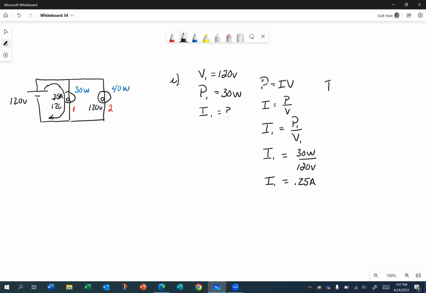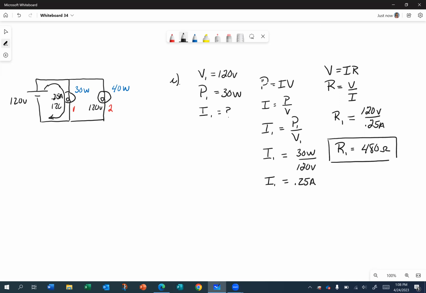So knowing that, then resistance from the equation V equals IR, resistance is equal to voltage divided by current. So the resistance of the 30 watt bulb, which we call bulb 1, is 120 volts divided by 0.25 amps. So its resistance, I get to be 480 ohms, which was our first question.